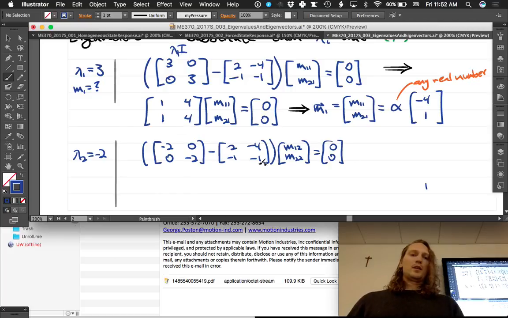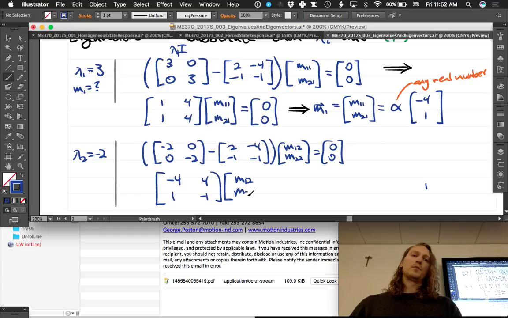And oh, what the heck, I'll just go ahead and write this. -4, 4, 1, -1 is what we get if we say -2 minus 2 is -4, etcetera. Multiplies M12, M22 equals 0, 0.